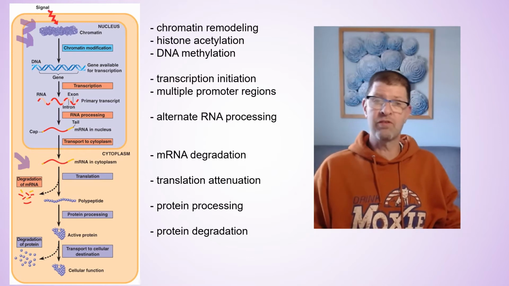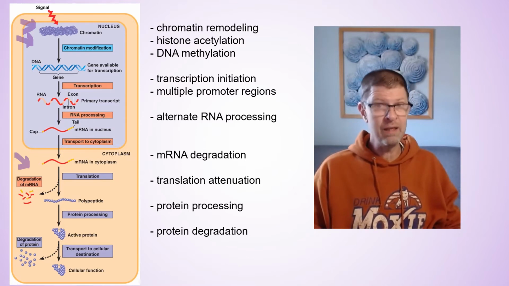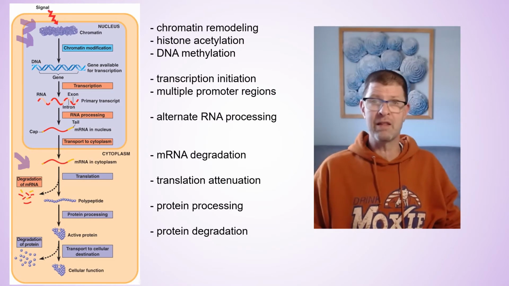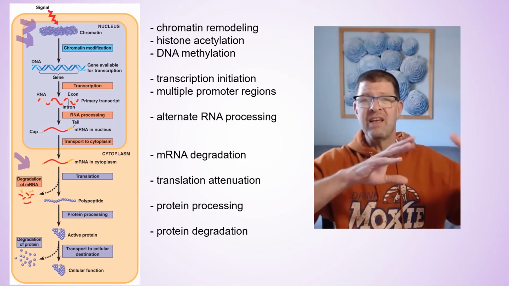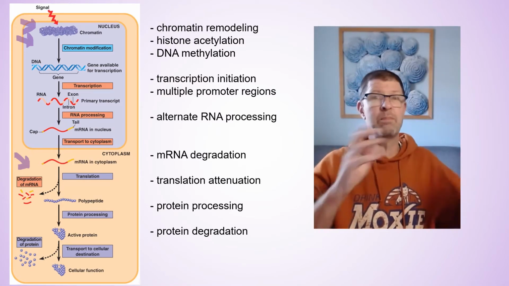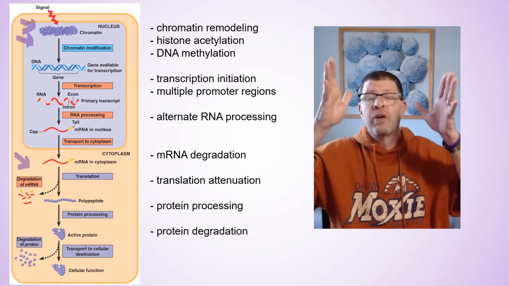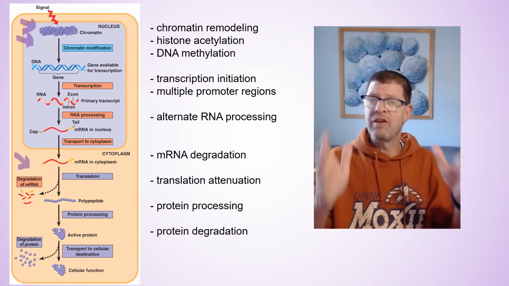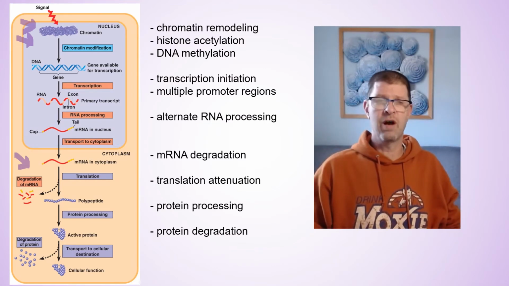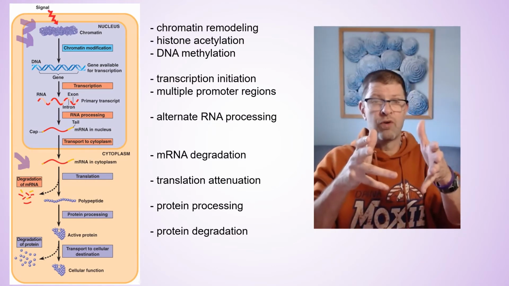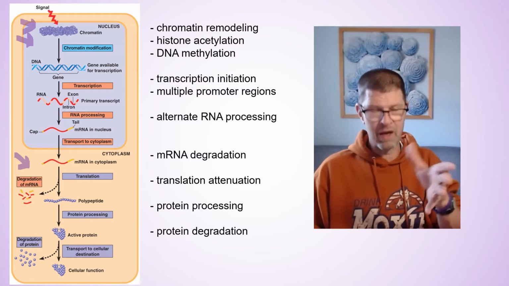That happens through chromatin remodeling, histone acetylation, and sometimes something called DNA methylation, where we cover the DNA with some little chemicals that keep it from being transcribed. This is basically an opportunity to completely stop the DNA from being transcribed into RNA. So that's what chromatin modification is.